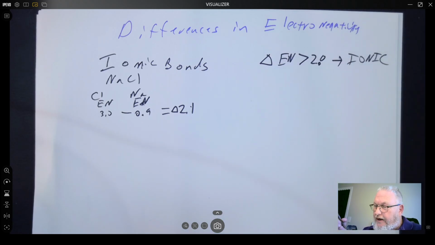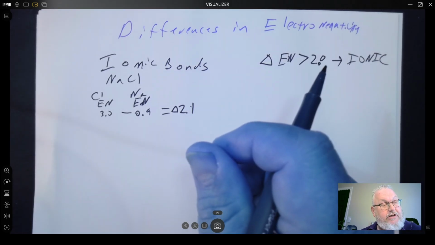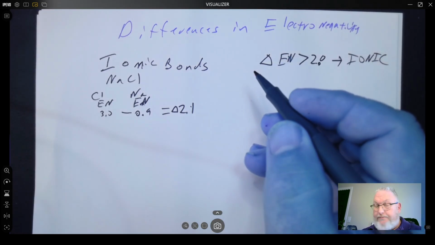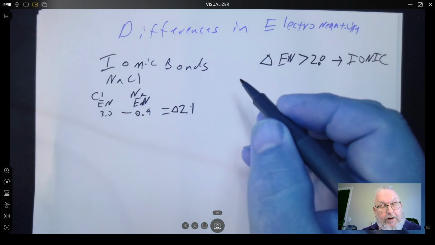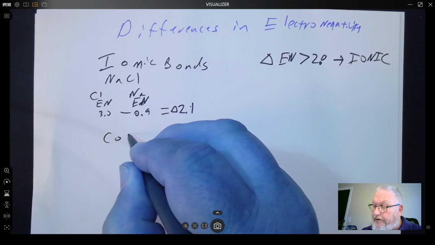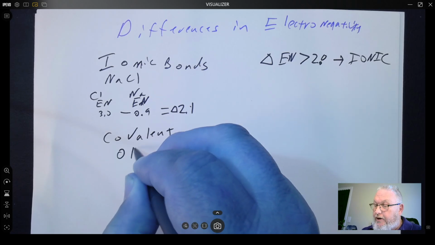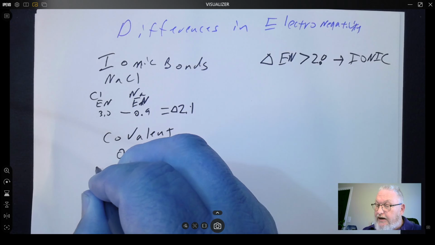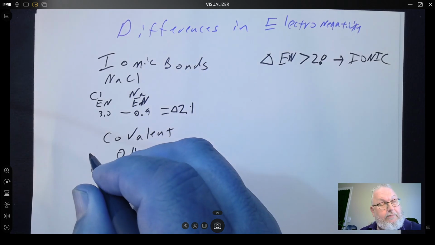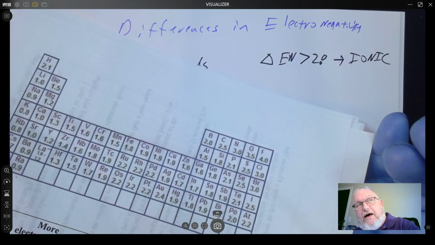Let's look at these a little bit and the different types of bonds. We're looking now at discrete covalent sharing of electrons. Let's look at an OH bond. Oxygen, looking at my chart here, has an electronegativity of 3.5.